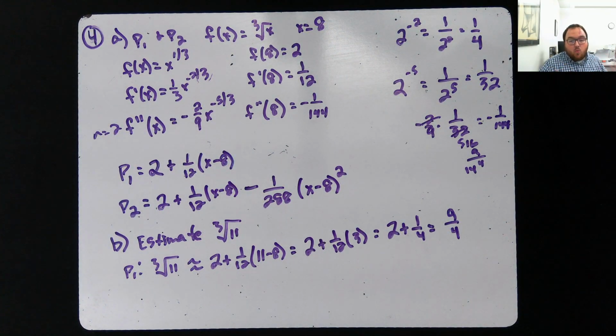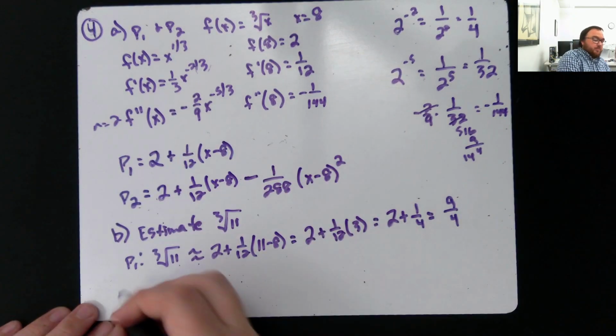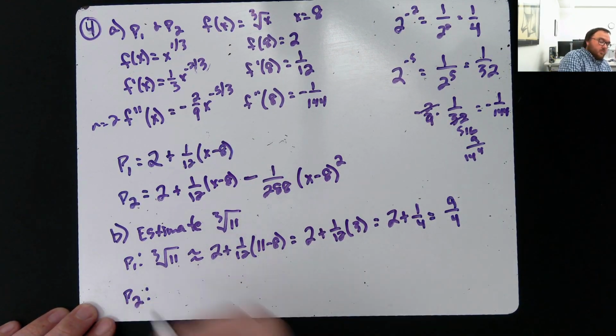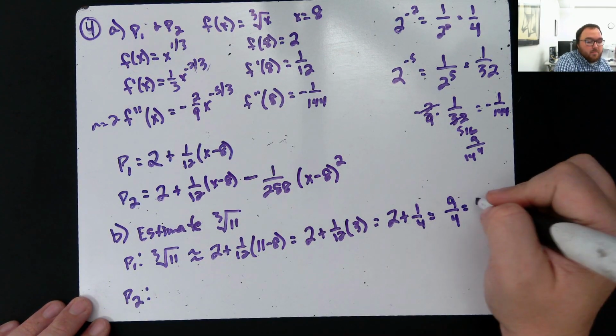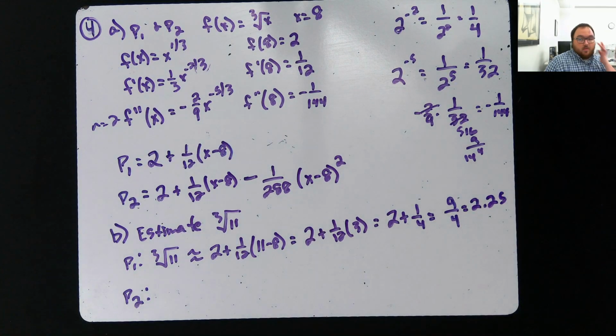So using P1, the cube root is about 9/4. Now let's use P2. Oh, and 9/4 is 2.25, if that's how you want to use it.